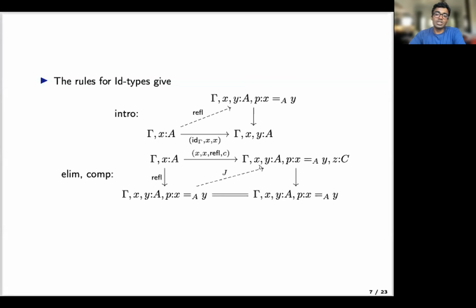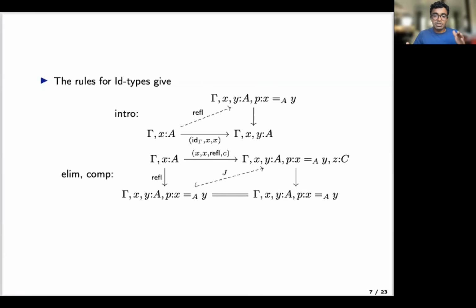We can extend it to a section, right? This thing here is a section, namely a term, a global element of the type C over the context of all identity proofs, right? That's the J. And the computation rule then just says that composing J with reflexivity gives you back the original term C. Right? Okay. Does that make sense if I write things out like this?